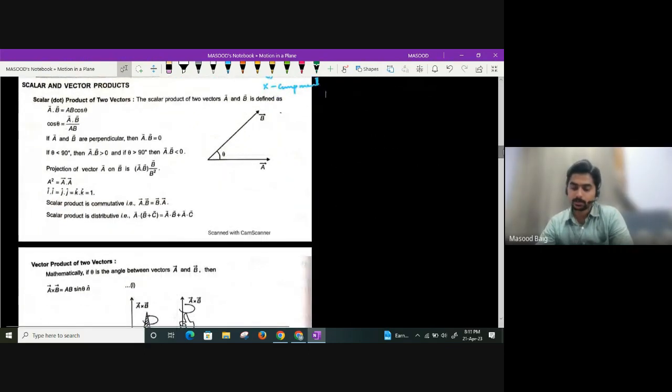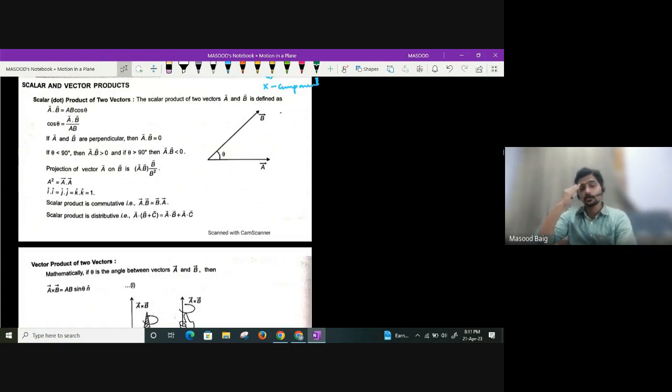Now in vectors, a very major role will be played by the scalar product, also called the dot product, and the vector product, guys, also called the cross product. So first let us see the dot product, which is very simple. Whenever we have two vectors, this is also called multiplication of vectors.